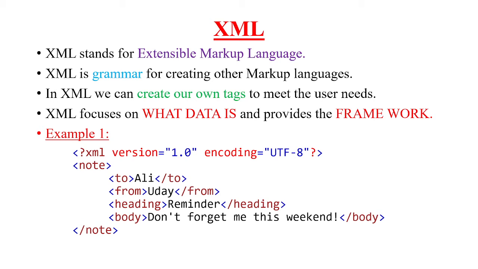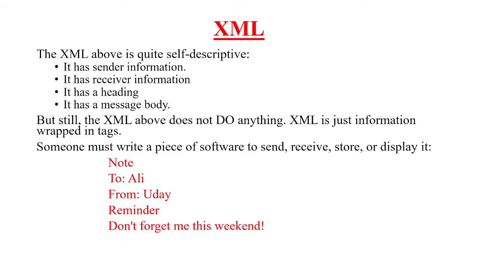In this program you see different tags like note, to tag, from tag, heading tag, body tag, and every tag is closed with its closing tag. When you look at this XML, it is quite self-descriptive with all the contents like sender information, receiver information, a heading, and of course a message body also.